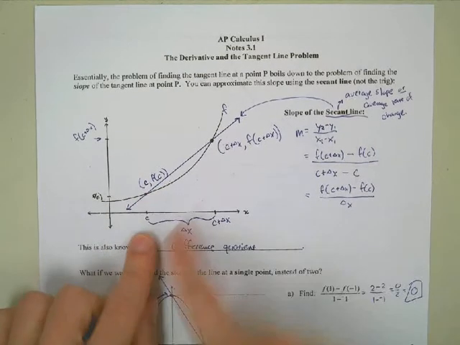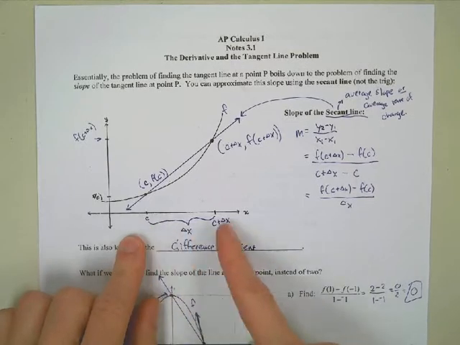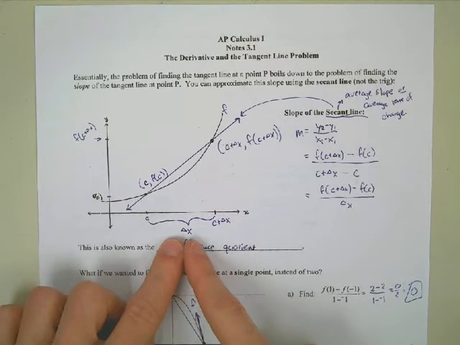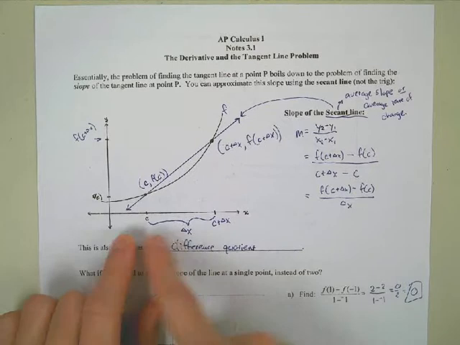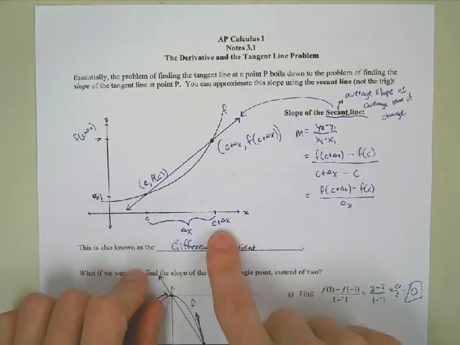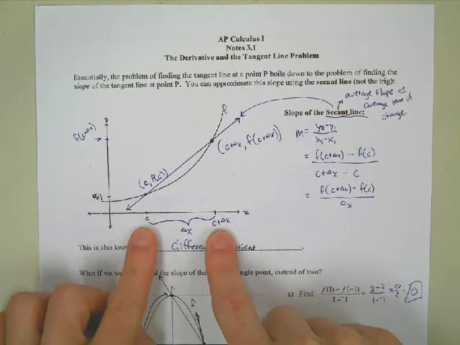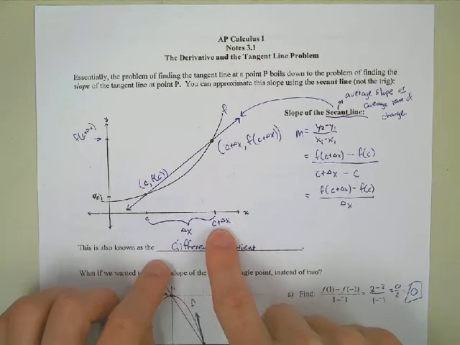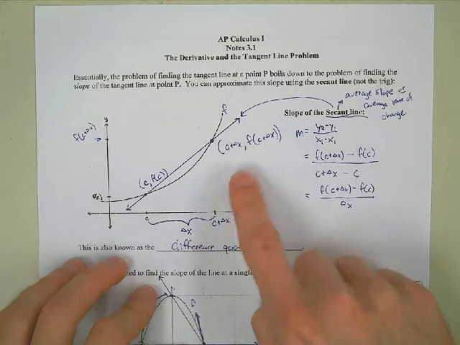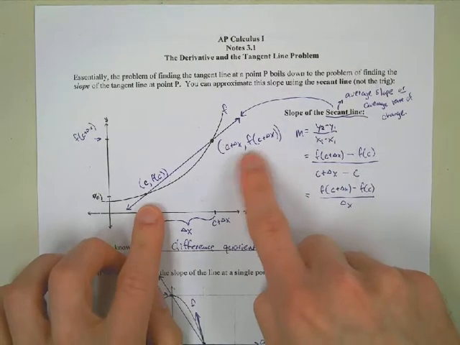And then from that generic x-coordinate of c, we go out some distance delta x. Delta just means change in x, so it's a small change in x, which takes us to a new x-coordinate, c plus delta x, right? Its y-coordinate would be f of c plus delta x. So those are your 2 points there, okay?